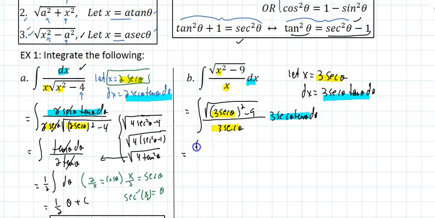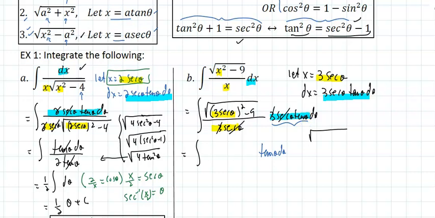Now, I'm going to take this 3 up front. I still have a secant of theta left. The radical I'll work out on the side. Actually, I could have canceled this, right? No need to carry that. And I could have canceled those as well. So what I have left is a tan of theta d theta.